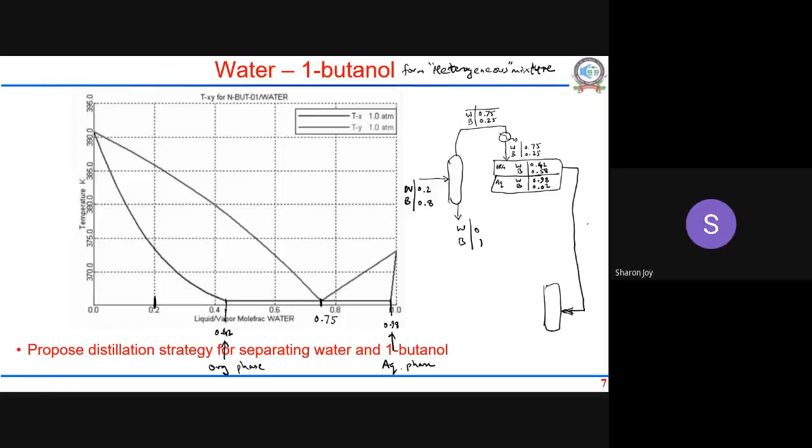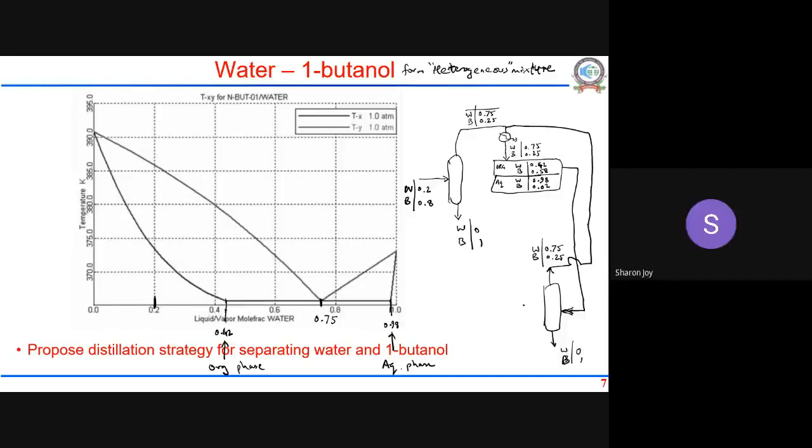At the top we will get the azeotrope, again water and butanol, which will be recycled back to the decanter. 0.75 and 0.25, send back to the decanter. Bottom we will get the butanol.